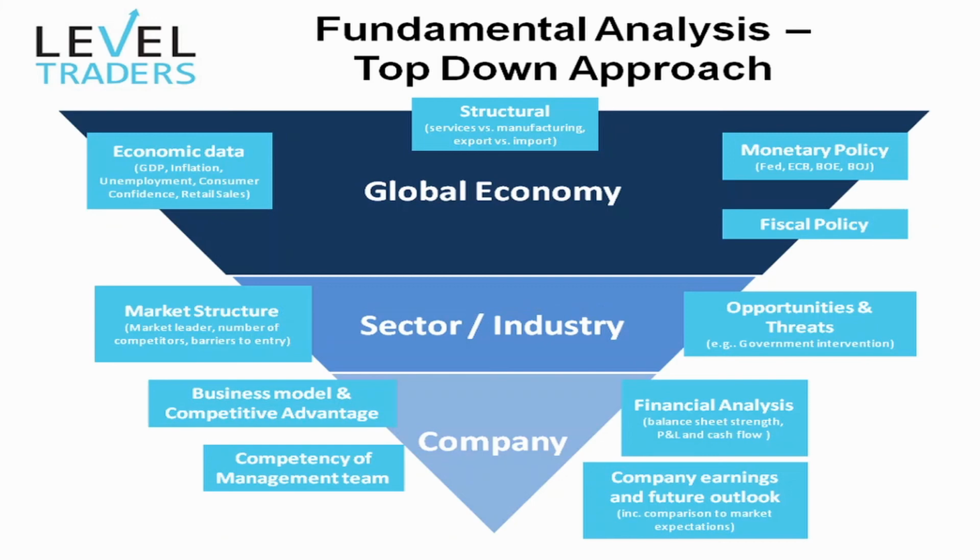If it misses that expectation, the share price tends to fall. But you can also get a company which beats the estimates of an analyst, but the share price still falls, and that's down to the forward-looking outlook. Markets are forward-looking, so if a company gives a weaker forecast than expected, that will get immediately priced into the stock.